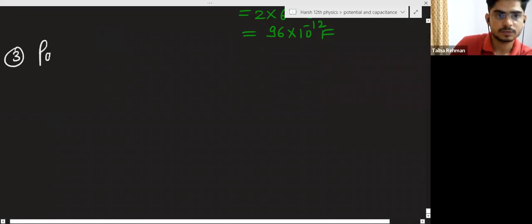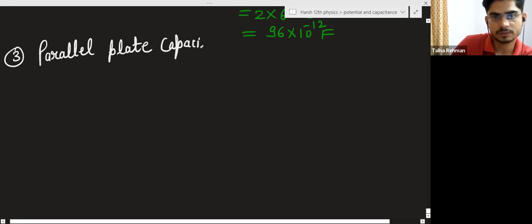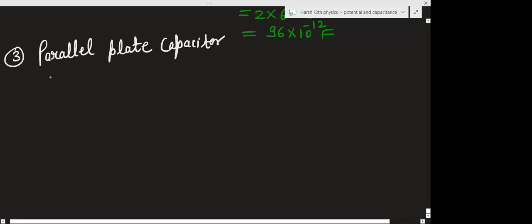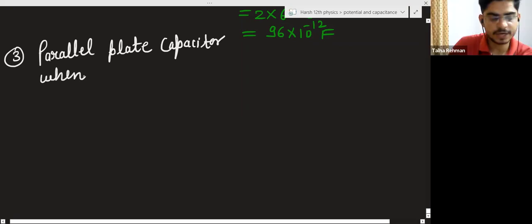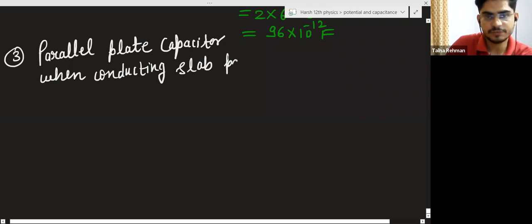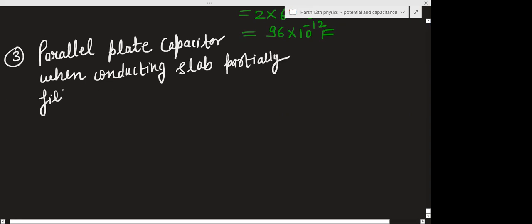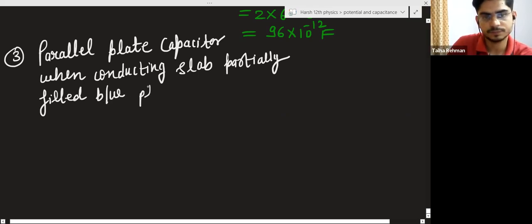Third is a parallel plate capacitor when a conducting slab is partially filled between the plates.